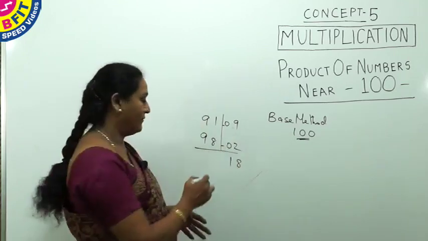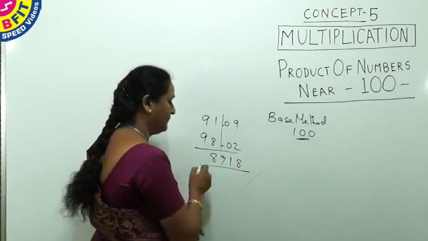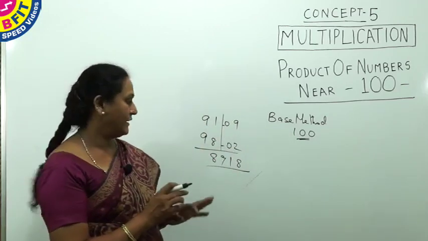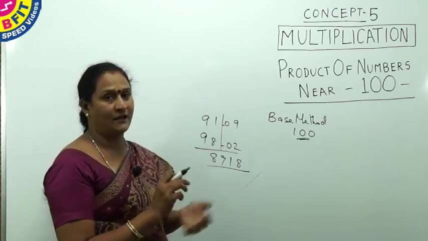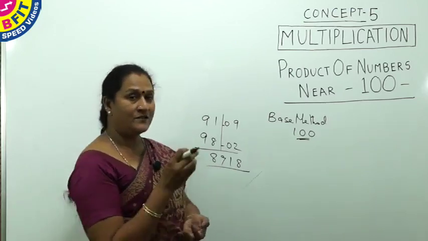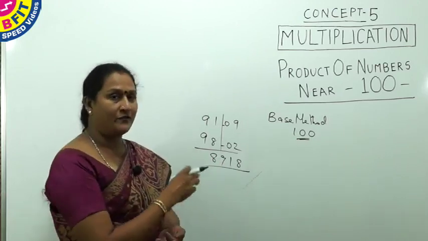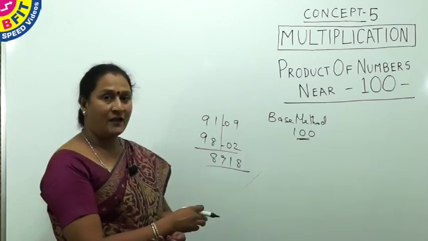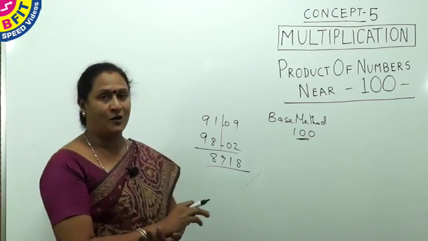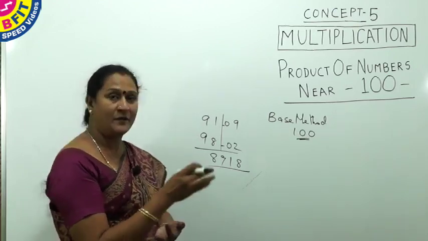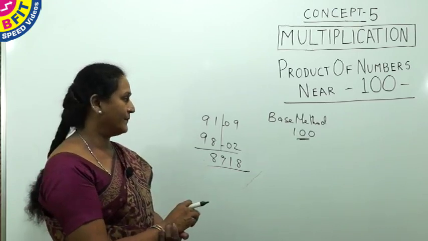Subtract 2 from 91, it is 89. So product of 91 and 98 is 8918. So you can see that within seconds, without any heavy working, we can find the product of this type of questions. It has real application in all other topics, where you are working out depreciation concepts.